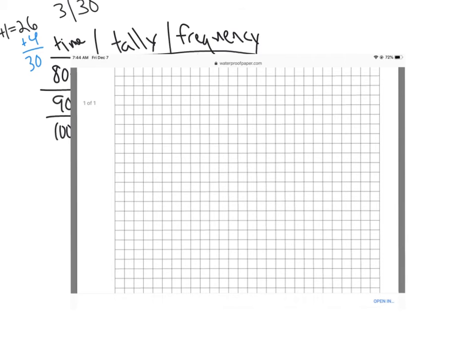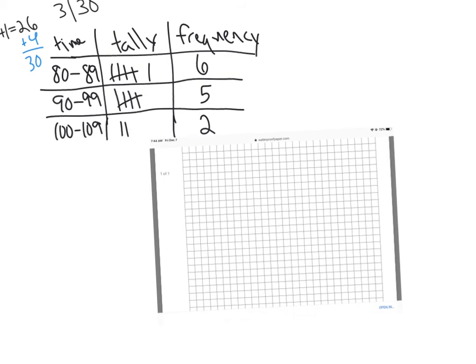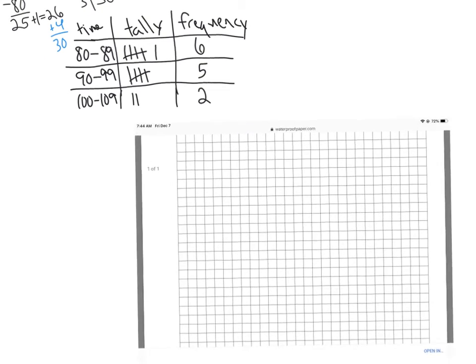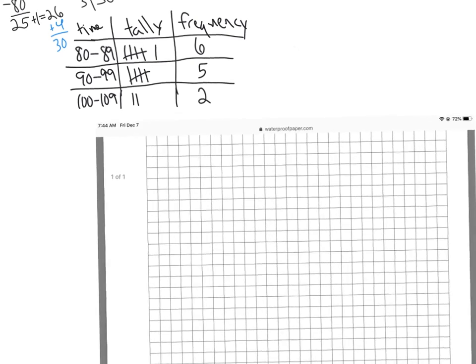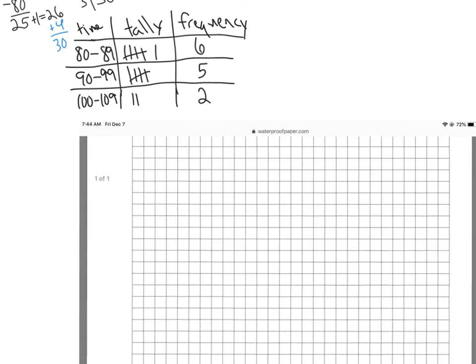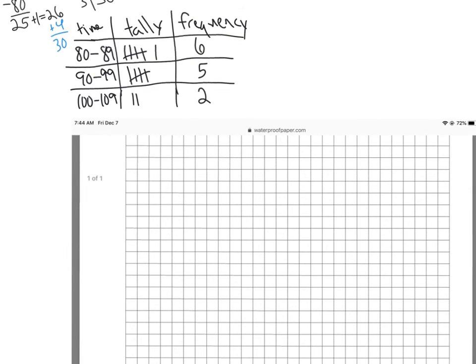If you want to, when you do these, you can use graph paper or just regular paper in your book. Should work fine. Just doing graph paper here so I can kind of keep track of my lines.